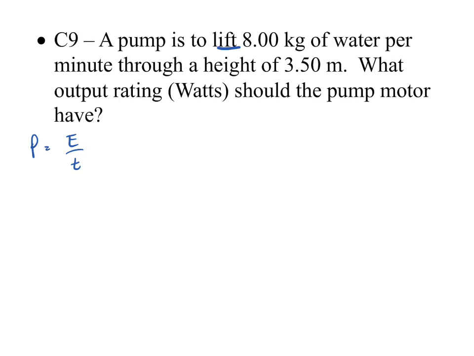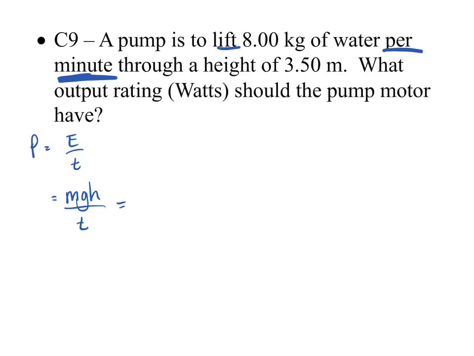Okay, and what kind of energy is changing? It's getting gravitational potential energy, so that's mgh, over a certain amount of time. Great. So I want to know what output rating the pump motor should have. We know that this is happening per minute, so every minute.